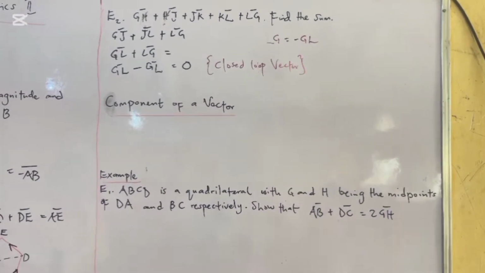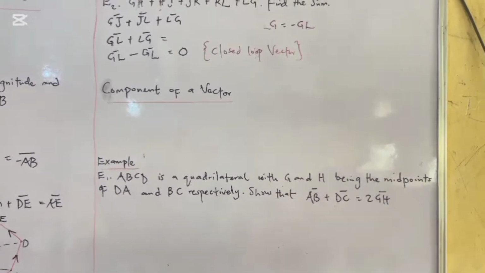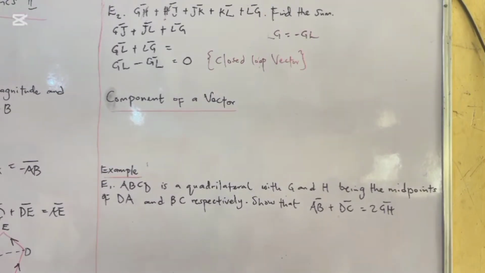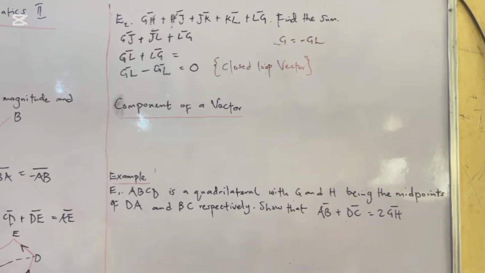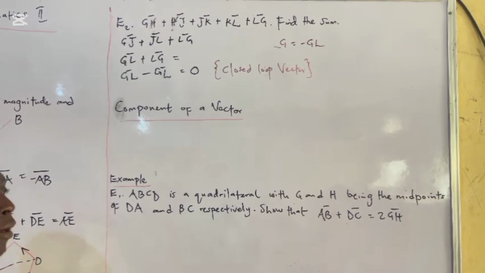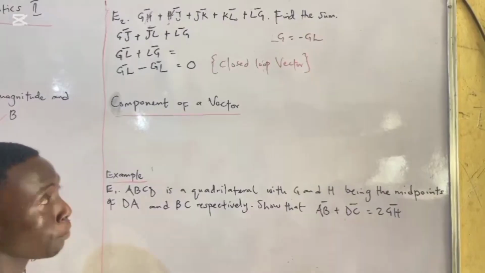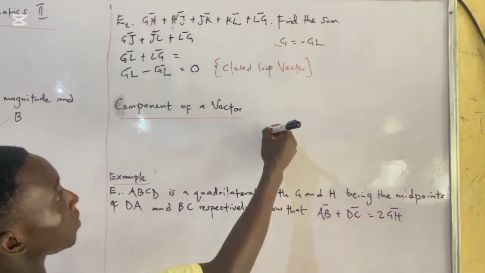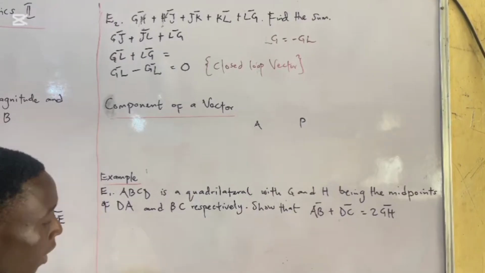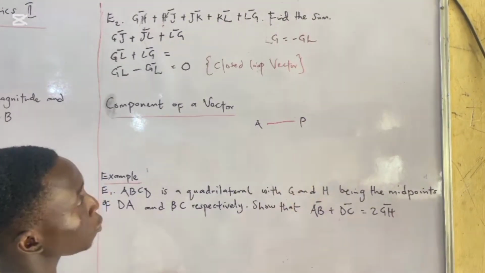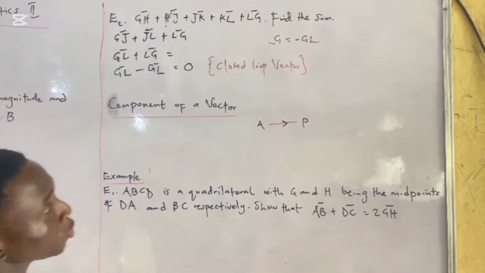Now, components of a vector. This is still almost related to the resultant, but in this case you have another path that vectors pass through. For example, let me see AP. You have line AP here, going this way.